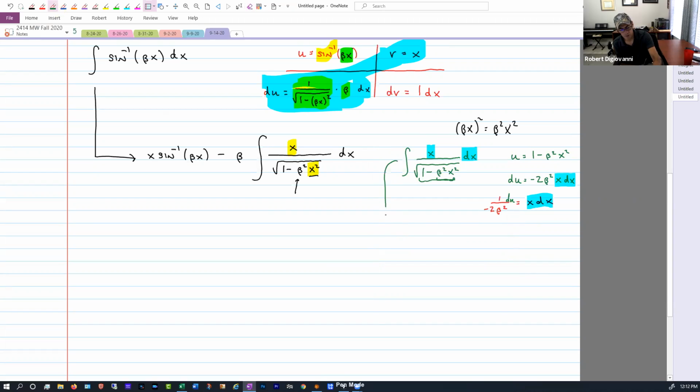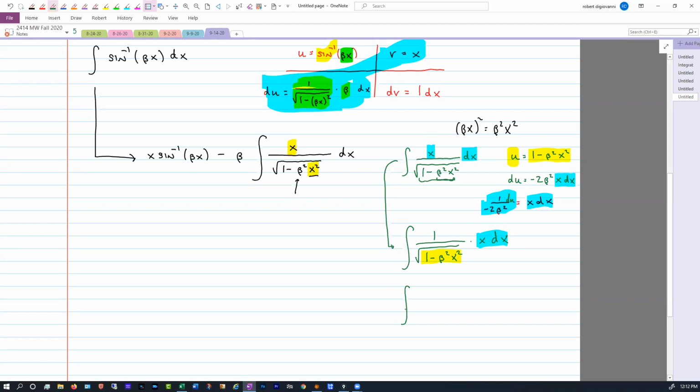This integral, we're rewriting it as 1 over the square root of 1 minus beta squared x squared times x dx. So this blue part is going to be replaced with this, and then the yellow part is going to be replaced with this. Does that help, Nick?